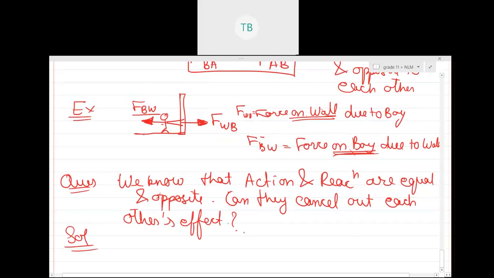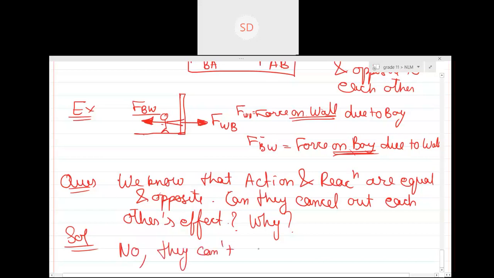This is the question. We know that action and reaction are equal and opposite, right? But can they cancel out each other's effect? The answer should be yes or no. The answer is no. They can't cancel out each other.